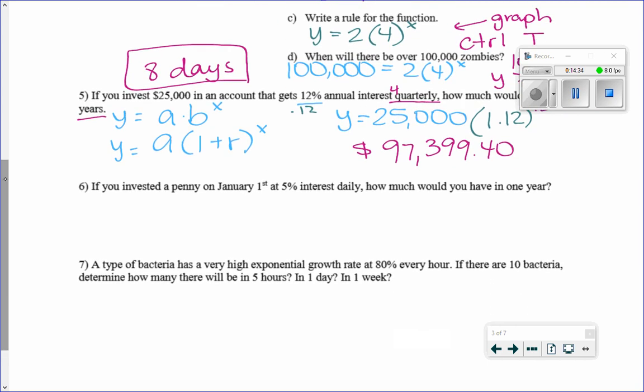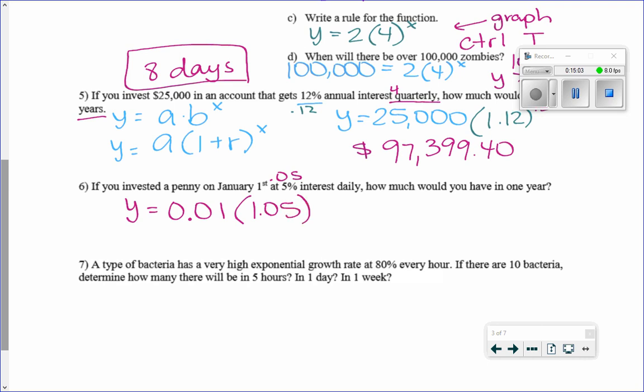All right, number 6, moving on along. If you invested a penny on January 1st at 5% interest daily, how much would you have in 1 year? All right, what's our initial value? 0.01 for the penny. All right, and earning 5% interest daily. So 5%, 0.05, we're adding that to 100%, 1.05.